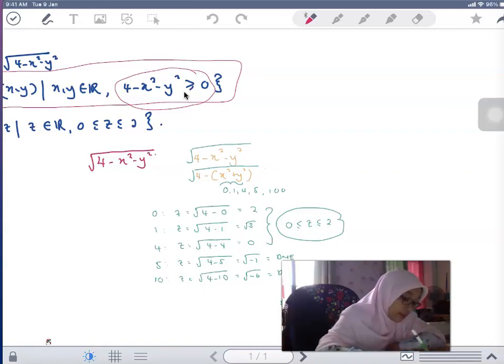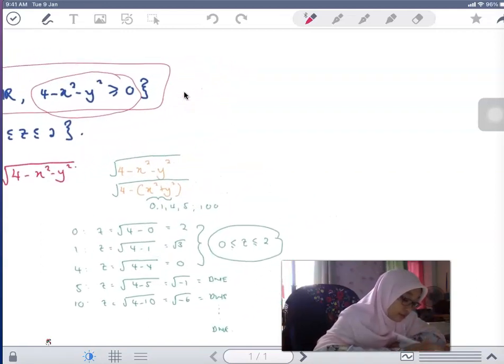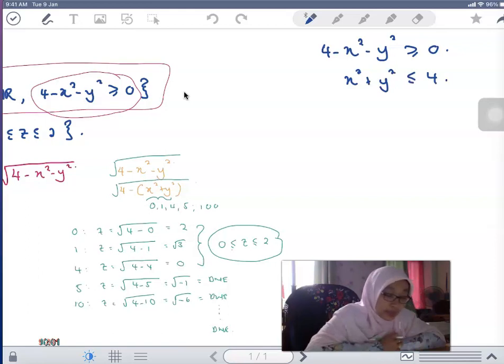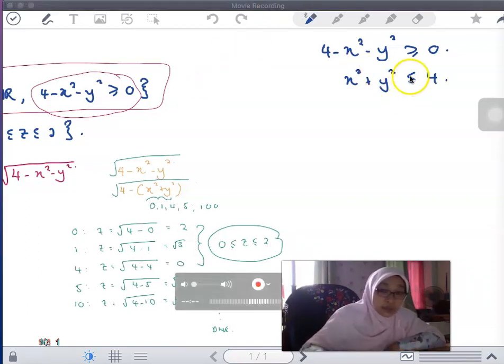So here we have 4 minus x squared minus y squared greater than or equal to 0. Okay, so here we can have x squared plus y squared smaller than or equal to 4. Now in order to sketch the graph, you just ignore the inequality.